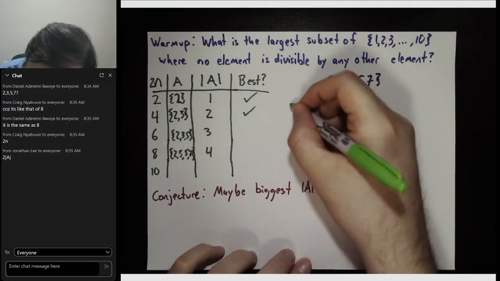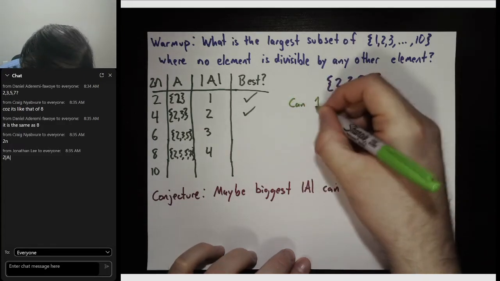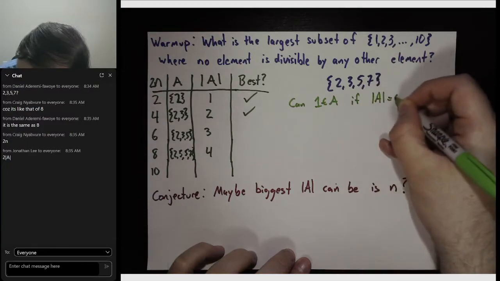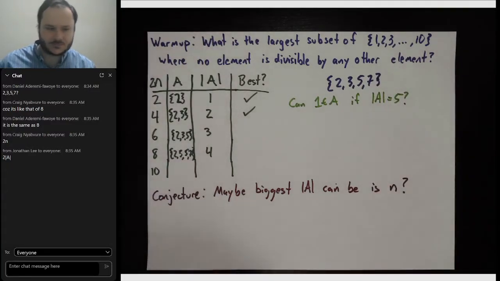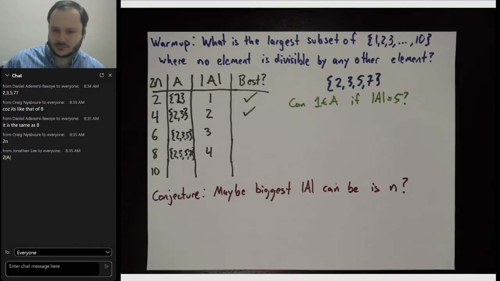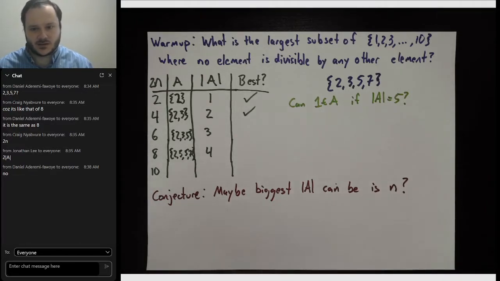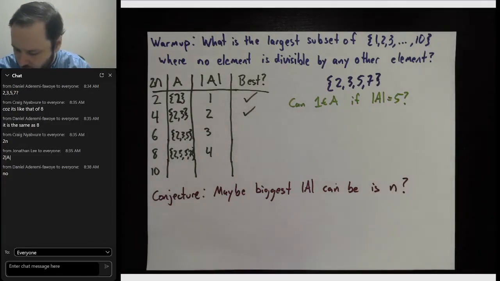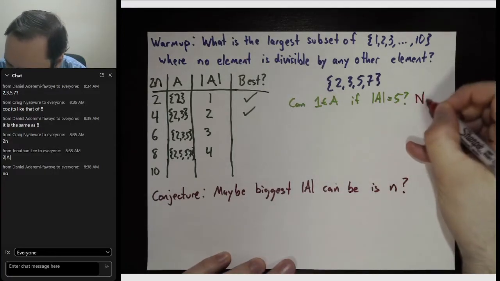So, can 1 be an element of A if the size of A is equal to 5? Can we put 1 in our set where no elements divide any other elements? No, right? Because 1 divides everything. If we have 1, then we're done. 1 is the only element, and we're out of luck. So 1 can't belong.